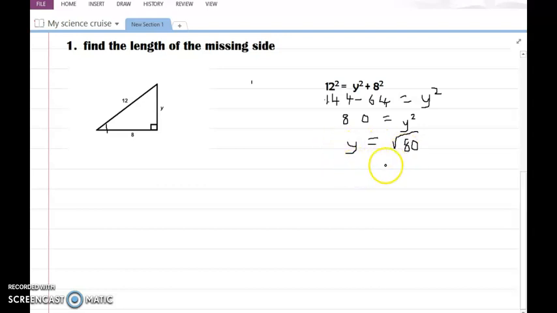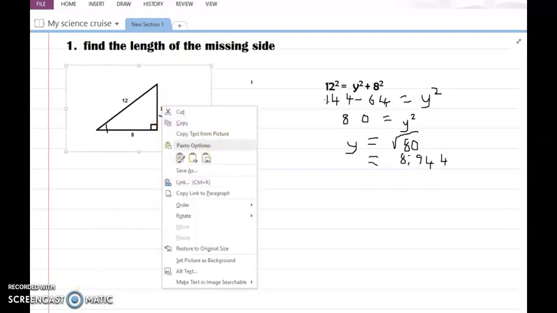Therefore, the value of y is equal to 8.944. That will be our final answer. That will be the value for y, which is this one.